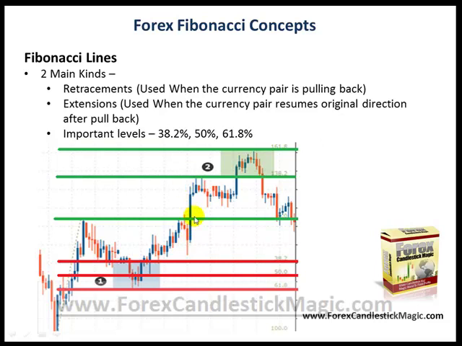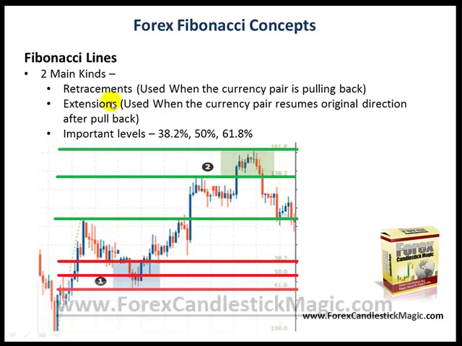But I believe this big candle represents that some kind of fundamental announcement or news might have come, which enabled the currency pair to break this resistance line. After that it got a resistance at the 38.2 Fibonacci level. It tried to pull back, it did a double top, and then it came back, and after that it continued here again, and finally it got a big resistance at 61.8 level.